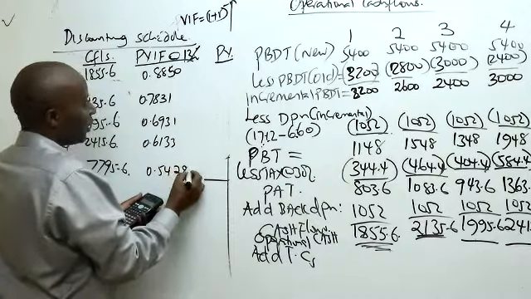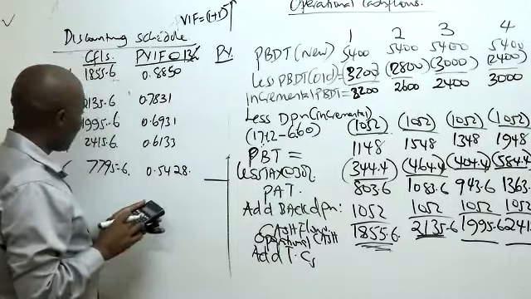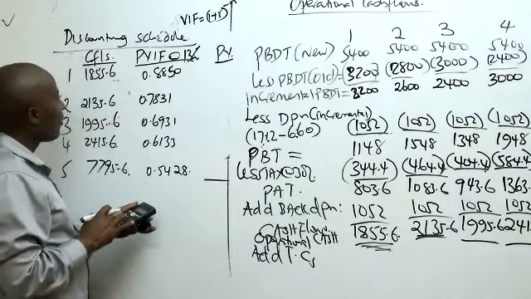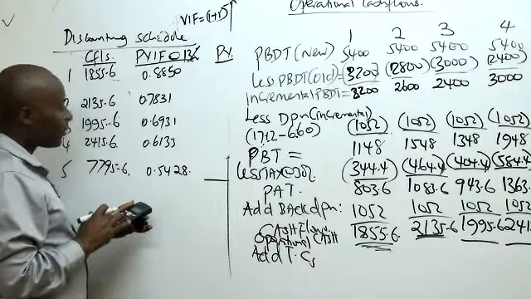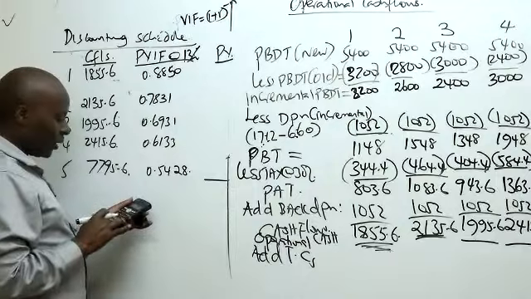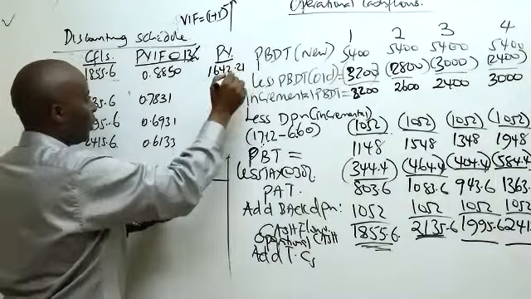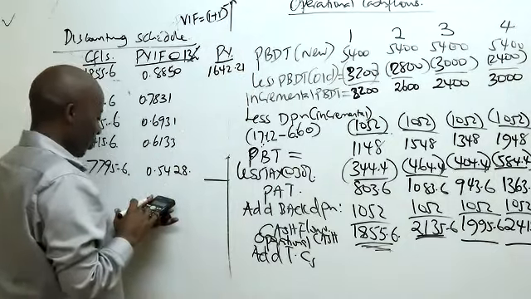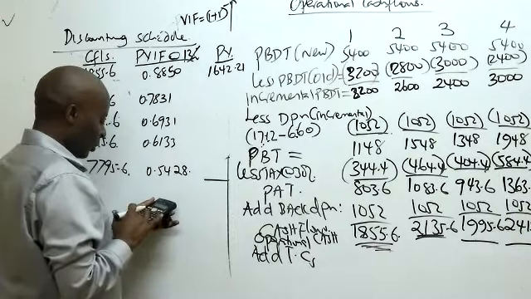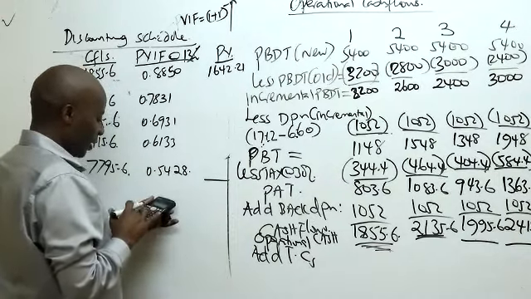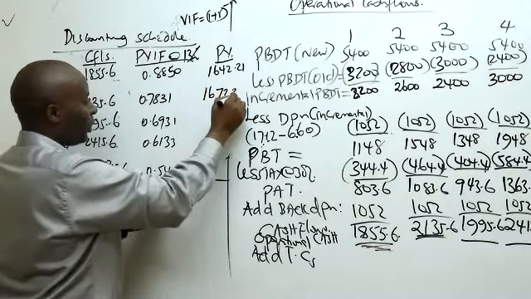So now come and multiply this very fast. I have the first one, 1855.6 times 0.885, which gives us 1642.21. We have 2135.6 times 0.7831, which gives us 1672.39.